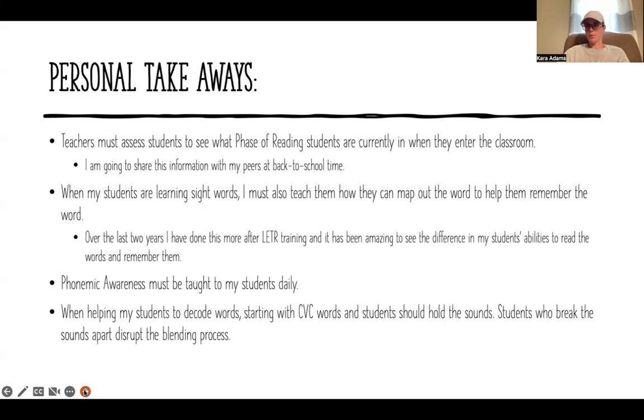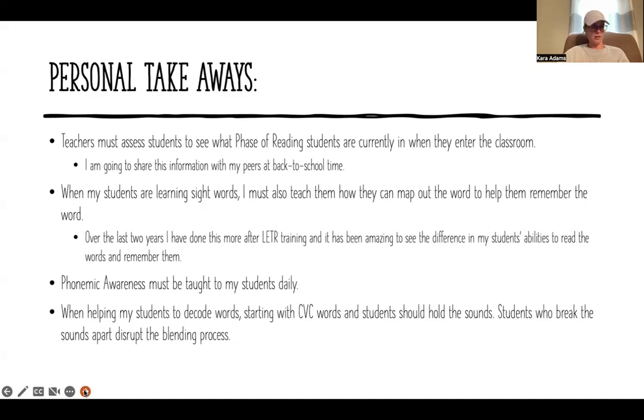Phonemic awareness is so important and must be taught to our students daily, which we do through our Heggerty program. And when helping my students decode words, starting with the CVC words or consonant vowel consonant words, the students must hold the sounds. When students break those sounds apart, they're disrupting the blending process. So it's taking them longer to learn how to blend words.